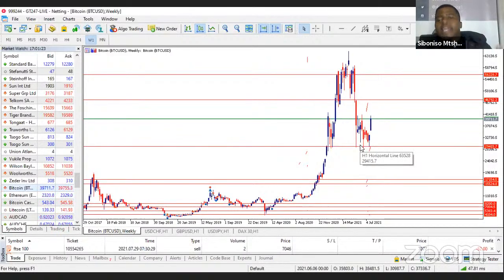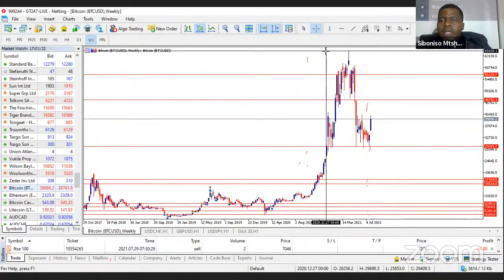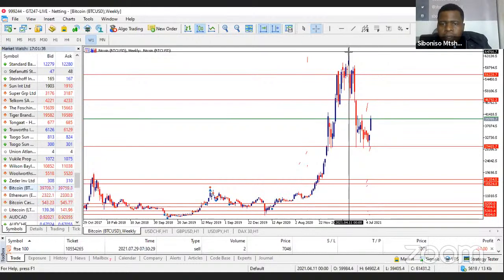But for a longer term, those who notice that the price of Bitcoin was once $63,000 at around $65,000. That was April. Okay, then it dropped down to 29.